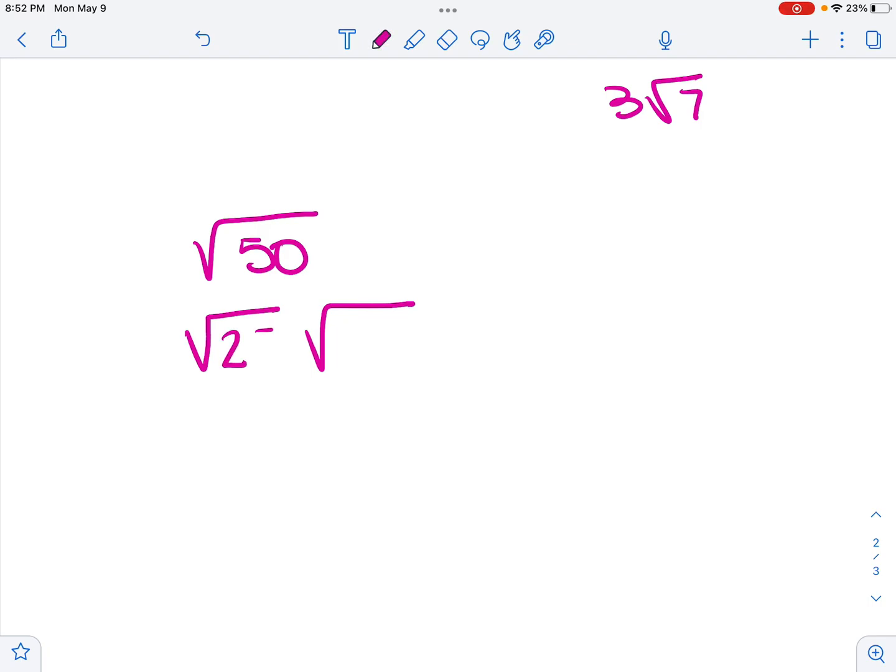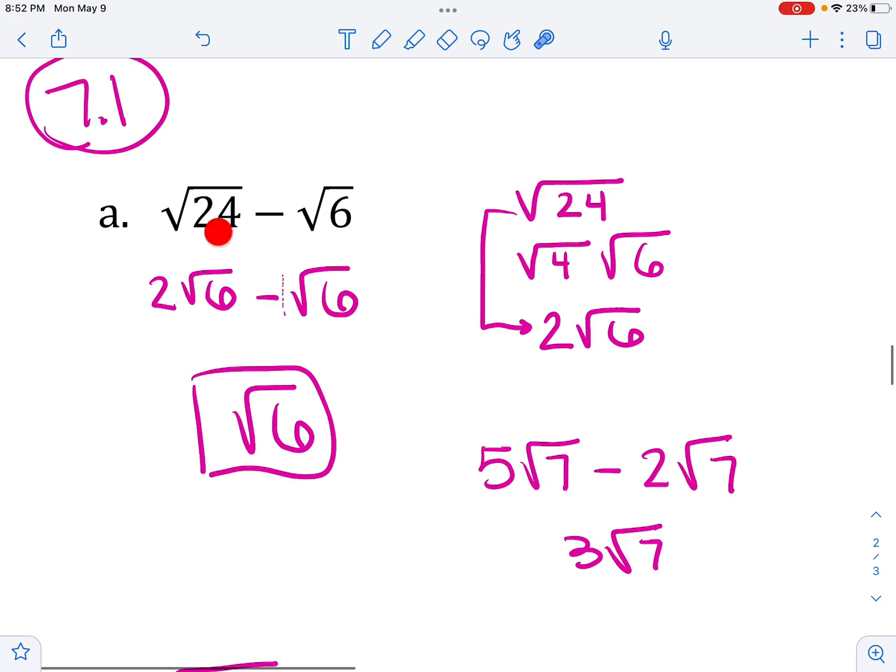So 25 and 2, the square root of 25 is 5, and that's my answer there. All right, so you can do that anytime you've got 2 roots that don't match: try to see if you can break this number into 2 numbers that multiply to this number underneath the root, that you can evaluate and turn into a smaller number. That way you can get these 2 things to match up. That's the plan. Okay, hope that helps.